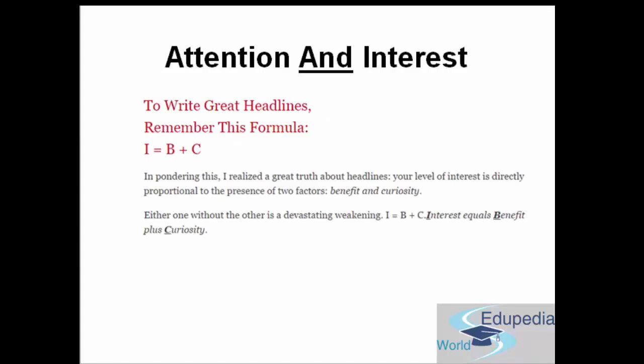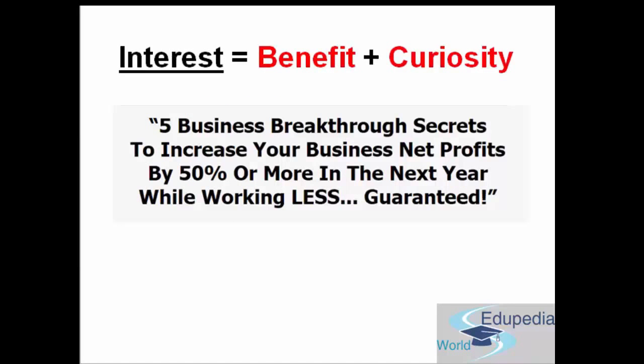Mr. Benzavinger said to write great headlines, remember this formula: I is equal to B plus C. What he's basically saying is that interest equals benefit plus curiosity. So now let's look at a few examples of these just as we finish up.